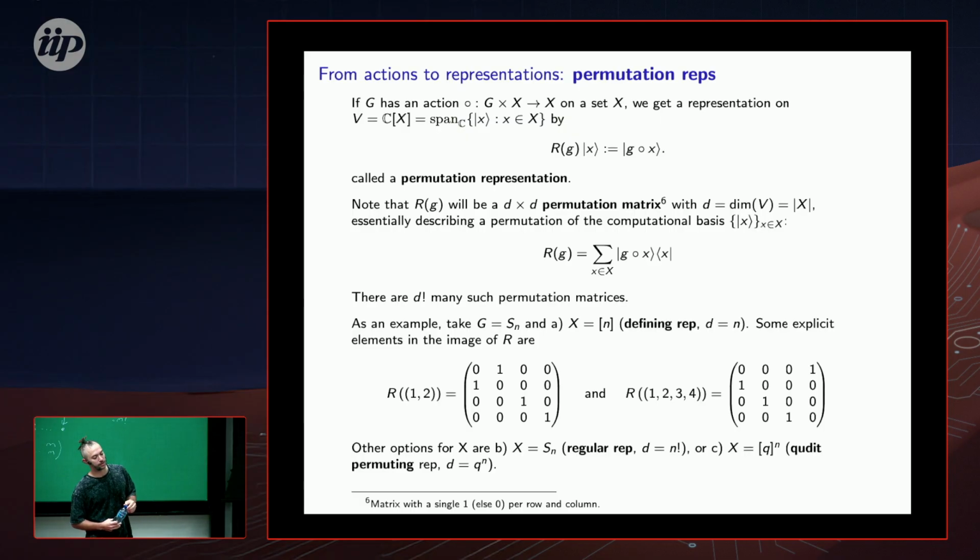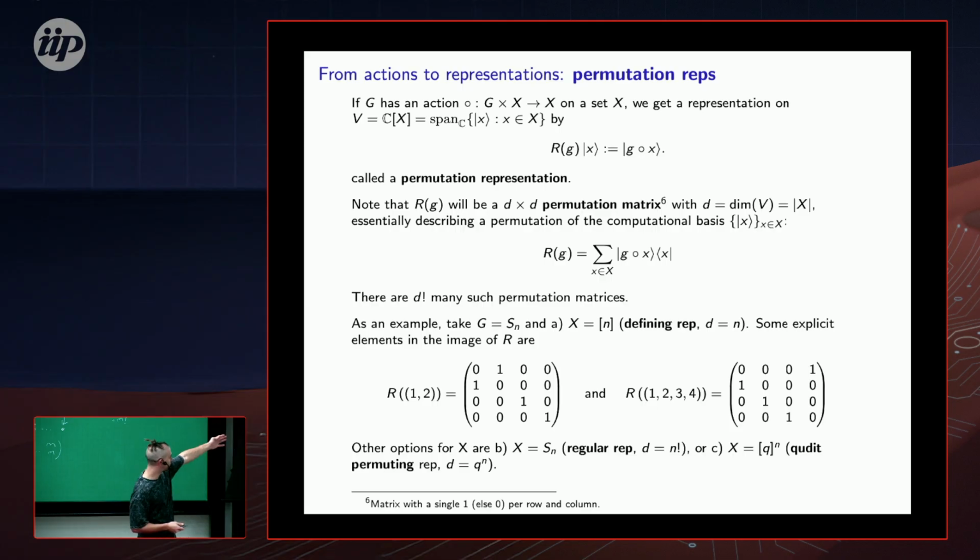So, examples of permutation reps. Of course, S_n has an action on the set n, the set of n elements. Think of this as the computational basis now. If you want to see where the second element is being sent by your permutation, you just follow the line, it's going to the first. So sigma on state 2 will give me 1, and so on.